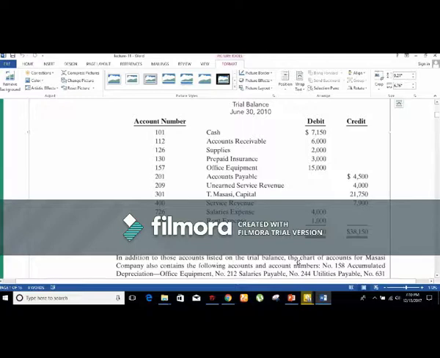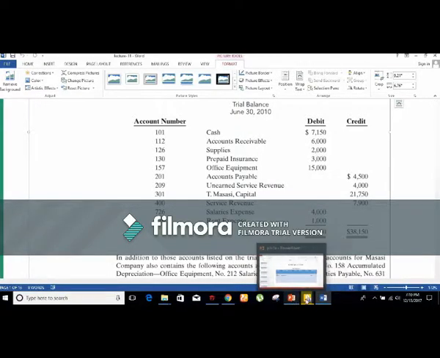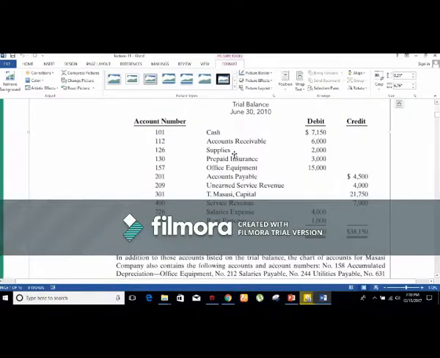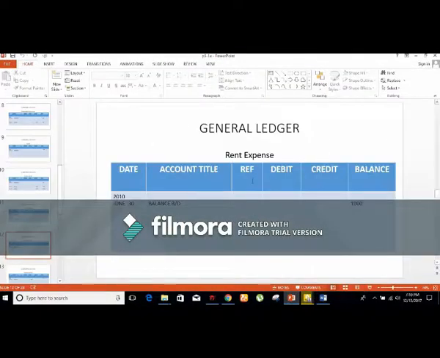But in the adjusting journal we can see there are some more account titles we need to add, so we will also create ledgers for them. Next is supplies expense.